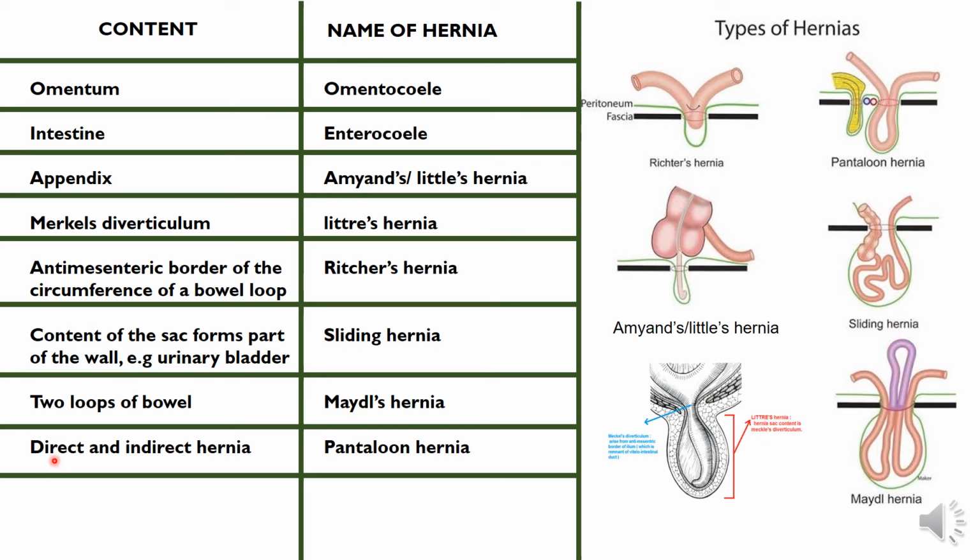Then when you have a direct and indirect hernia coexisting, it's called, okay, no, it may not really be in one hernia sac, but you have both a direct hernia and an indirect hernia. It's called pantaloon hernia.